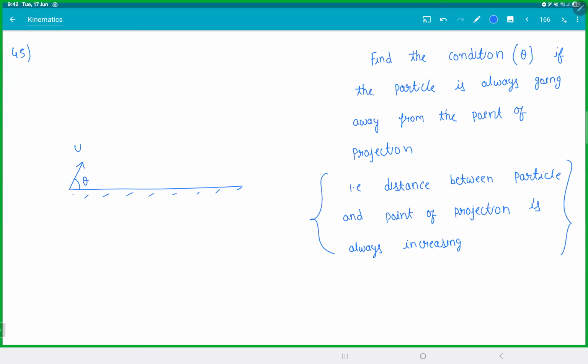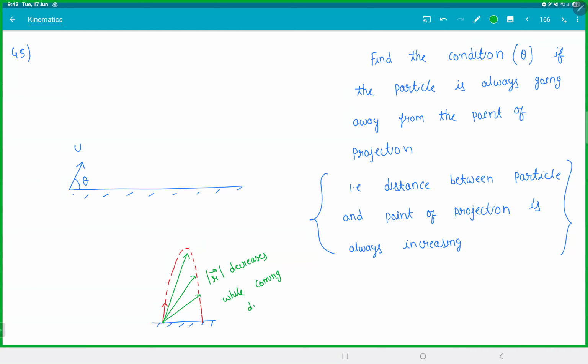How will you approach this? For example, if you throw something like this and you look at the distance here, see, r bar decreases while coming down.